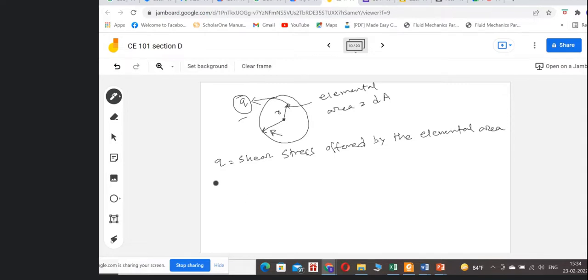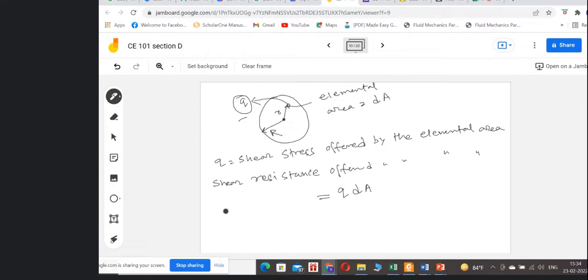Now, if we want to see what is the shear resistance offered by the elemental area, it is q into dA, because this is the stress, this is the area. So the shear resistance offered by the elemental area is q into dA.